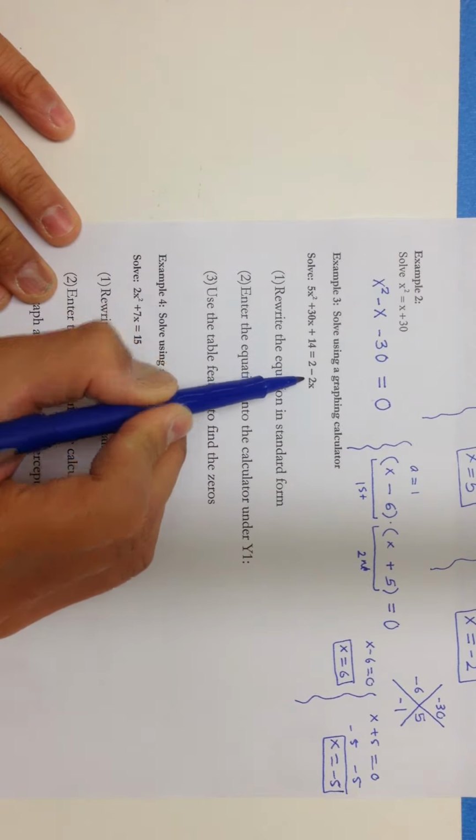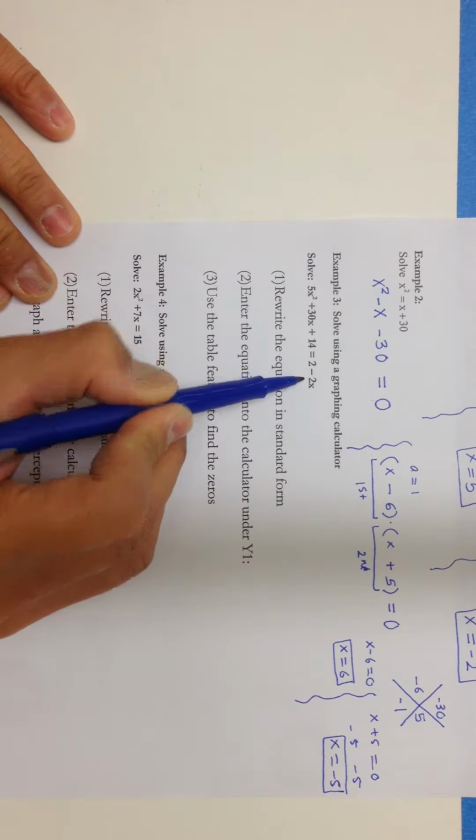I'm going to go ahead and add 2x to both sides, which is going to give me 32x on the left. Then if I subtract 2 from both sides, I get plus 12, and that's equal to 0 now. The next thing I'm going to do is use my graphing calculator and type the left side into y1.